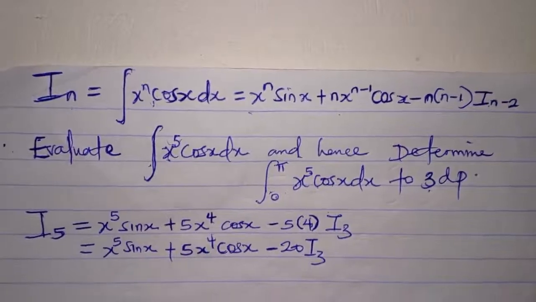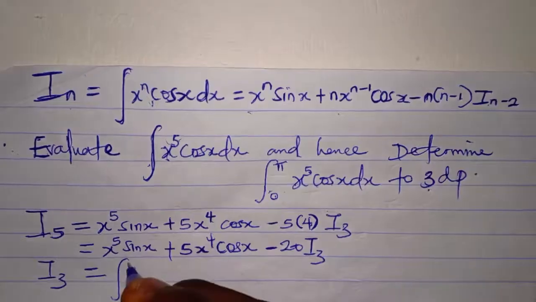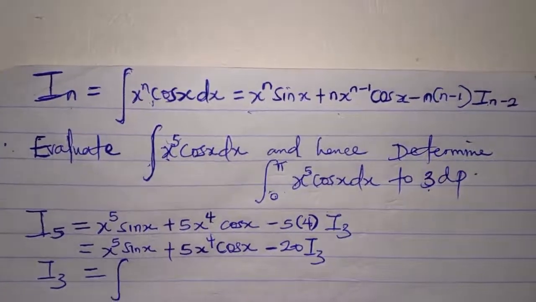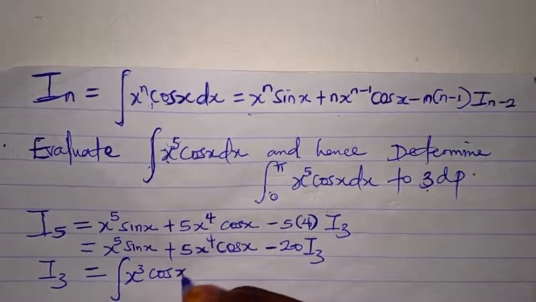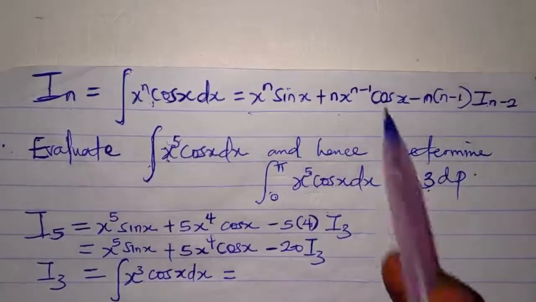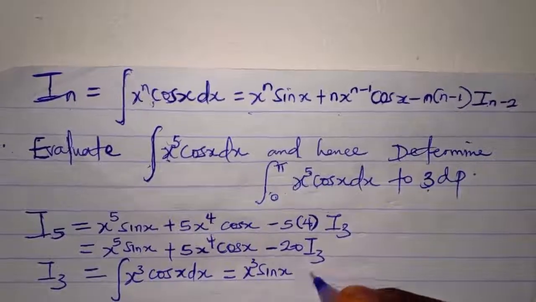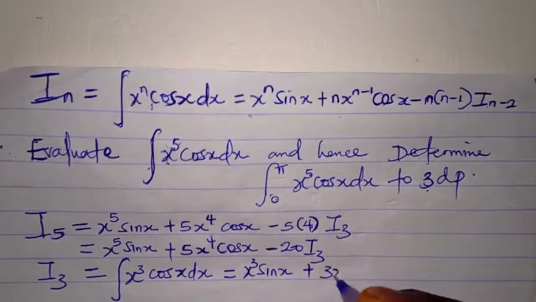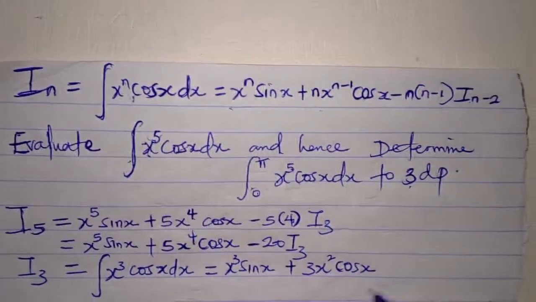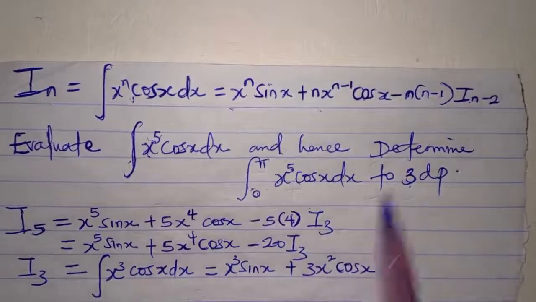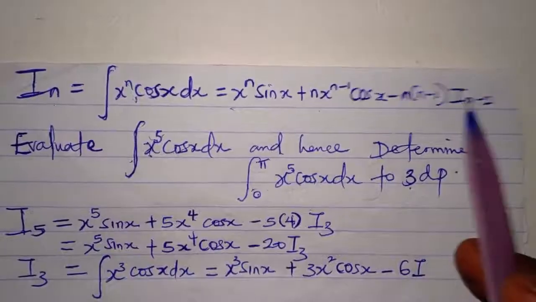Now, what is I3? I3 is simply the integral of x to the power of 3 cos x dx. So using the same reduction formula, we go x cubed sine x plus 3x squared cos x minus, this will be 3, this will be 2, that's 6. And 3 minus 2 is 1.